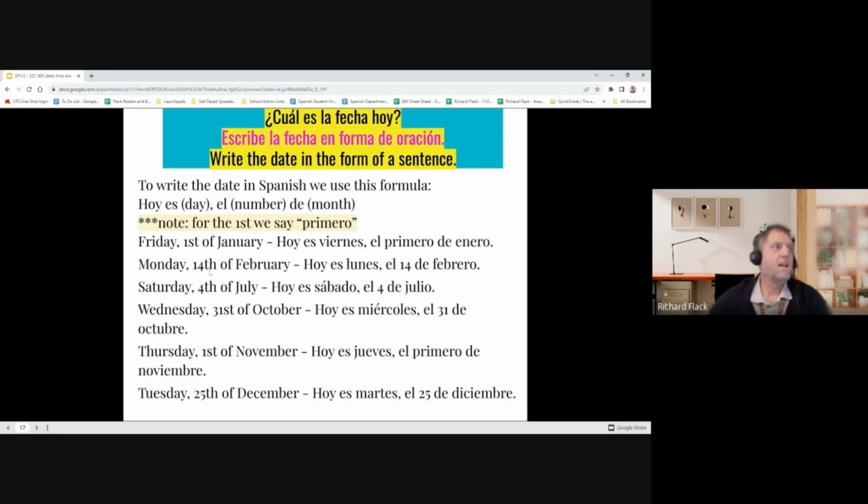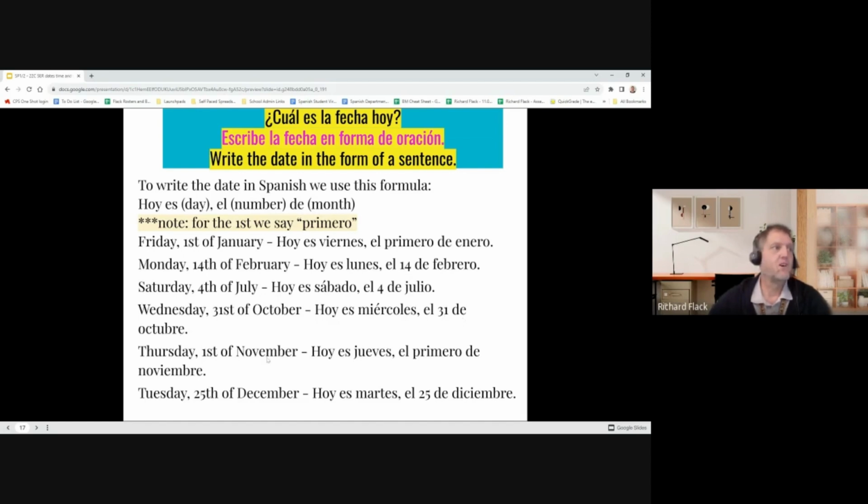Okay, Monday, 14th of February. Hoy es lunes, el 14 de febrero. Saturday, the 4th of July. Hoy es sábado, el 4 de julio. Wednesday, the 31st of October. Hoy es miércoles, el 31 de octubre.